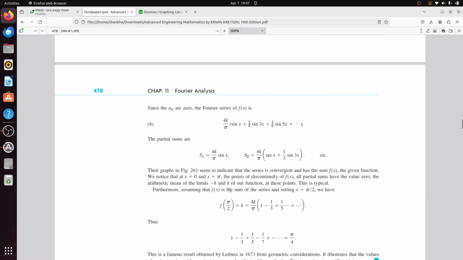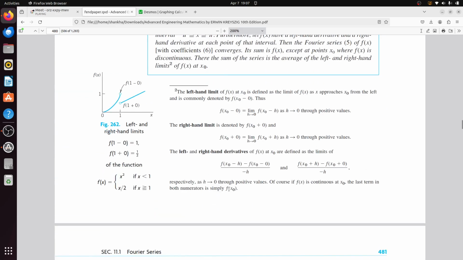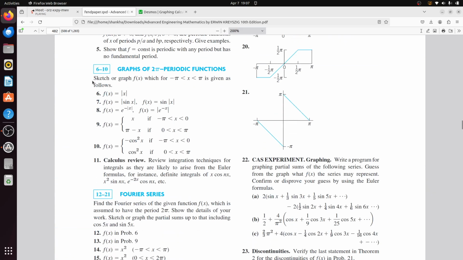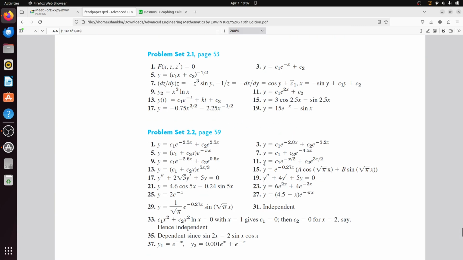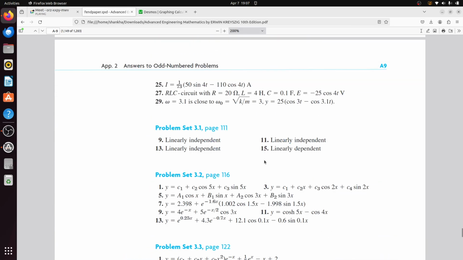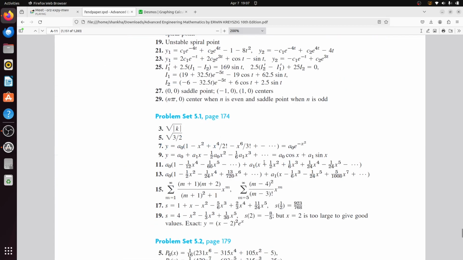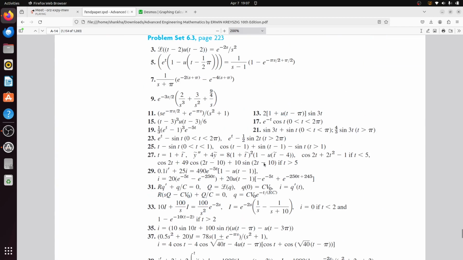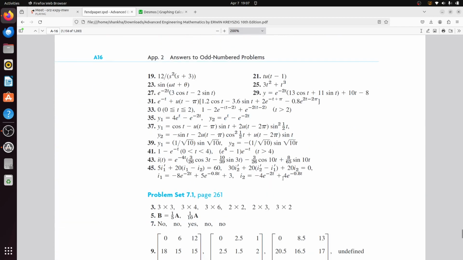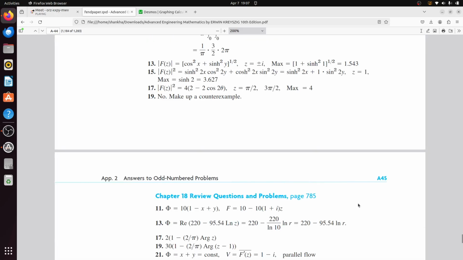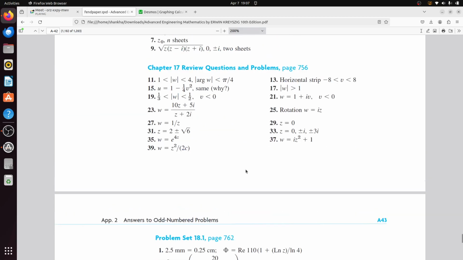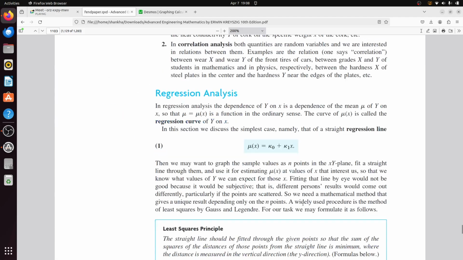This modulus of x, exercise 6 to 10, modulus of x, page 482, question number 6.